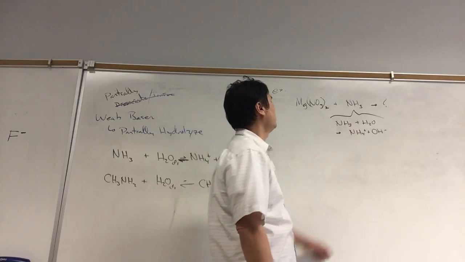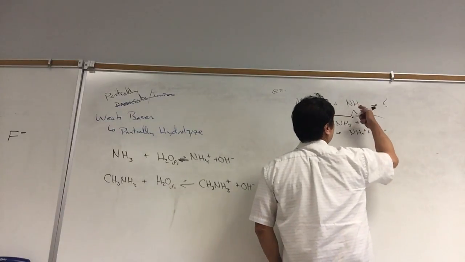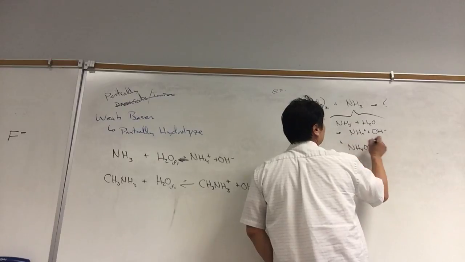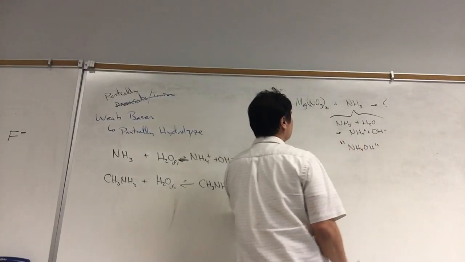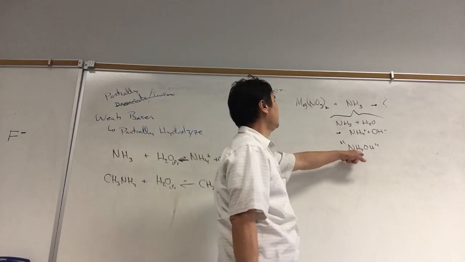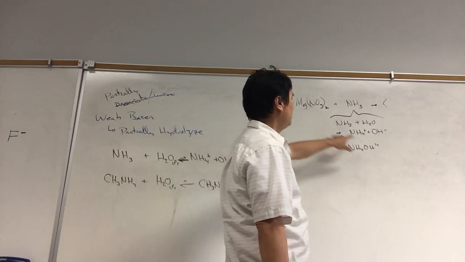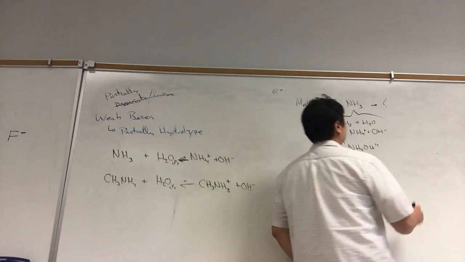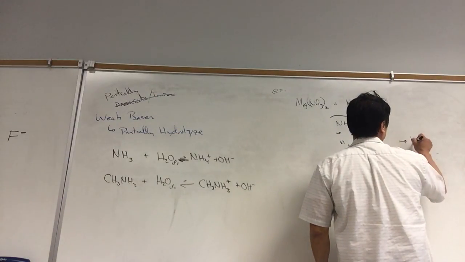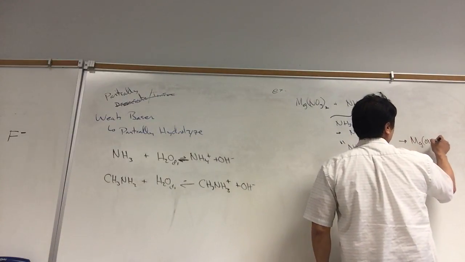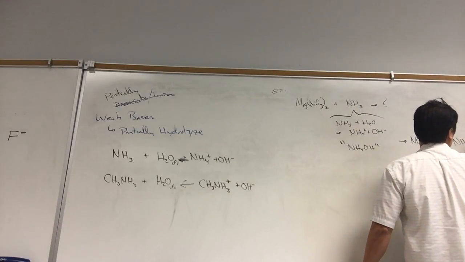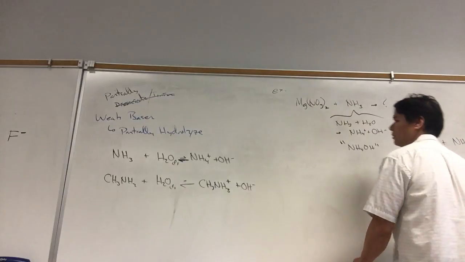And so essentially, when we see this, we think ammonium hydroxide. And so here's our AB plus CD. So we get magnesium with hydroxide and ammonium with nitrate. What we should form here is magnesium with hydroxide, which gives Mg(OH)2, and ammonium with nitrate, which is just NH4NO3.